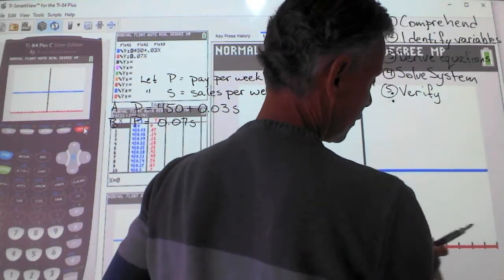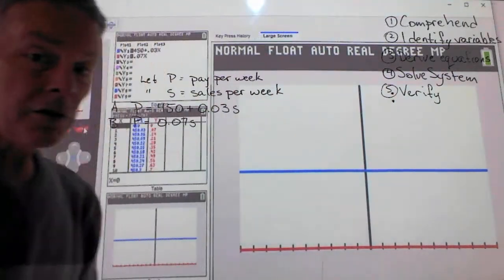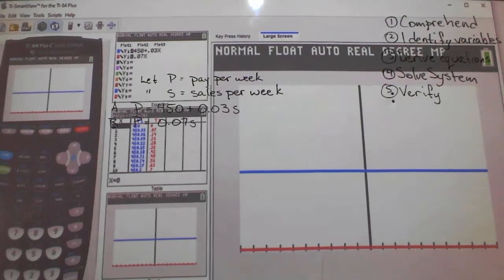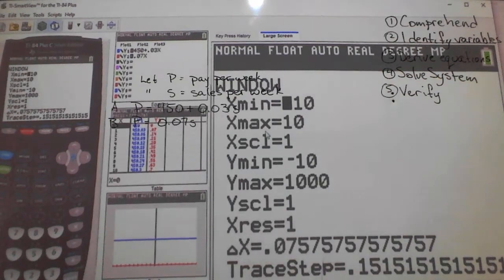Remember, this is positive x values or sales, but it's going to take a long time. So we're going to go back and play with our window settings again. And this time we want to get an X max that is way bigger than 10, because you're going to sell way more than $10 worth of stuff. Let's set our X max at 10,000. And again, this is just a guess and test thing.